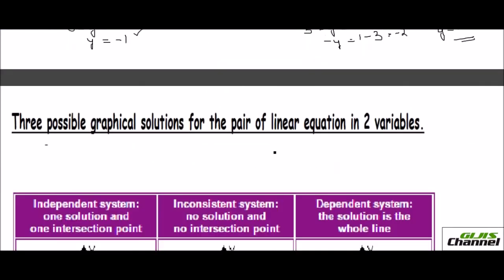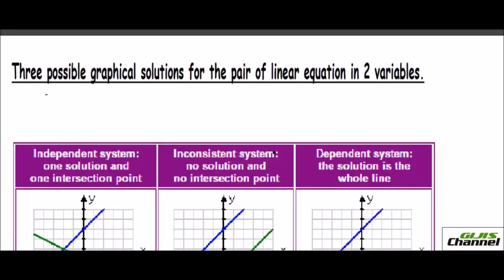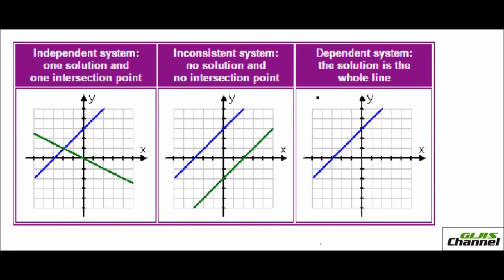So here I would like to tell you one more thing. There are only 3 possible situations for the solutions of these graphical representations. When you solve 2 linear equations in 2 variables, there are only 3 possible answers you can get. I have mentioned all the 3 here. One is the independent system.